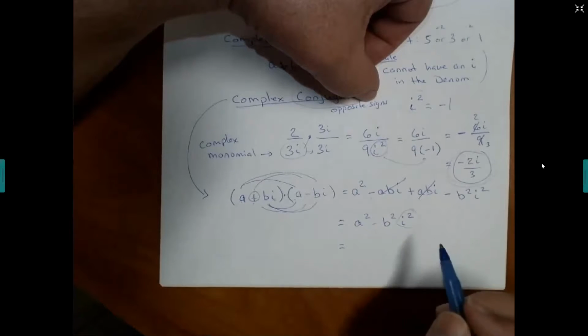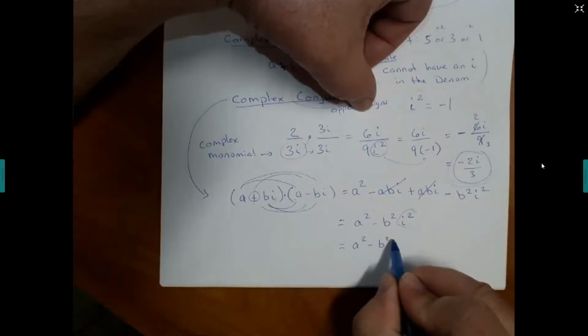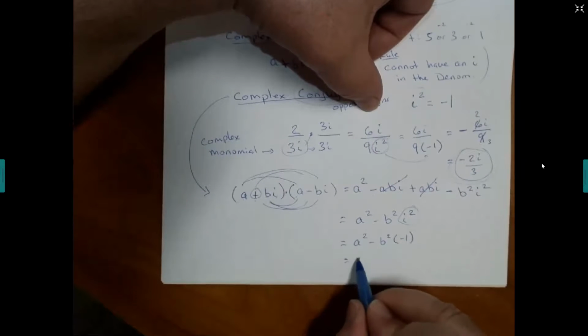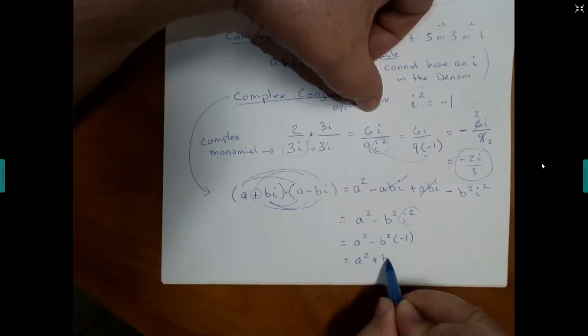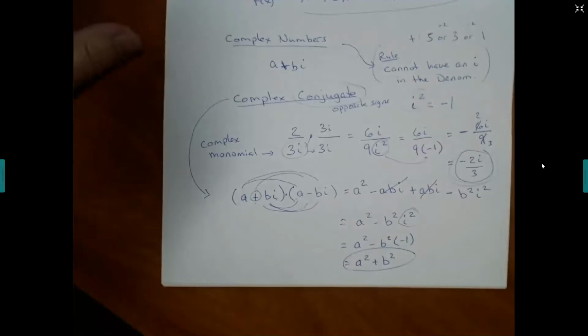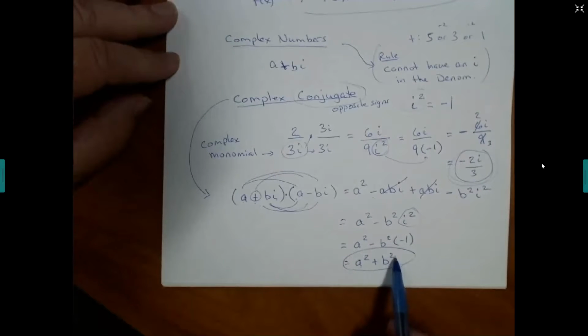And I squared becomes what? -1. -1 times negative B, change it to a positive, and there we have it. The complex conjugate gets rid of the I. Whenever you multiply anything by its complex conjugate, what you really have is the square of both numbers, and you add them together.